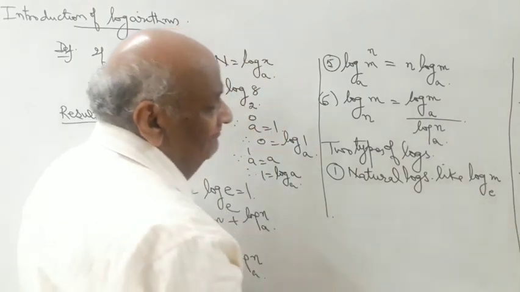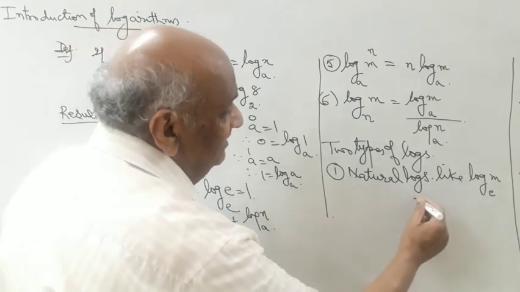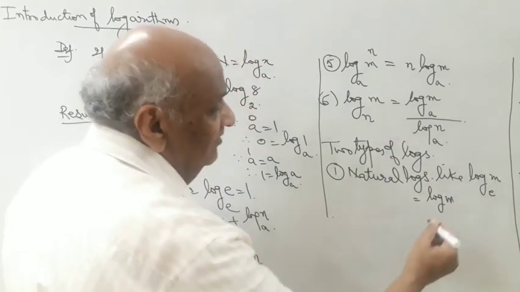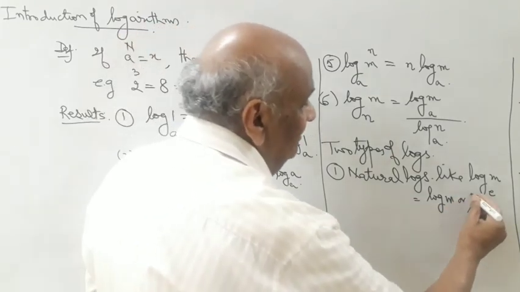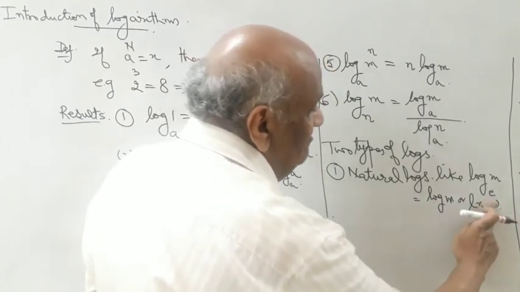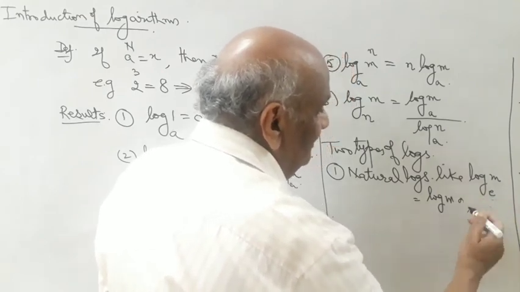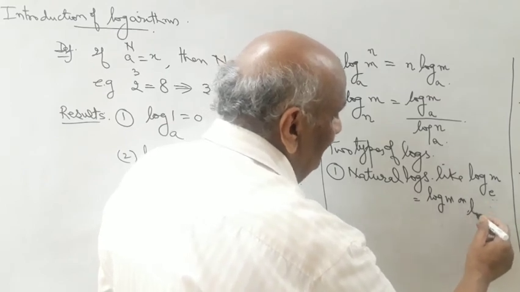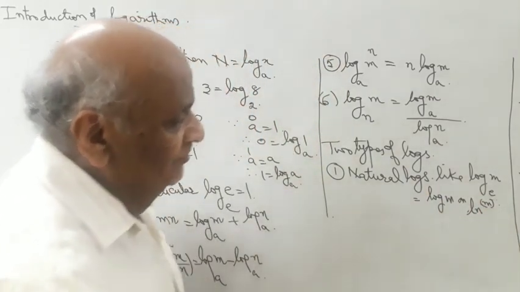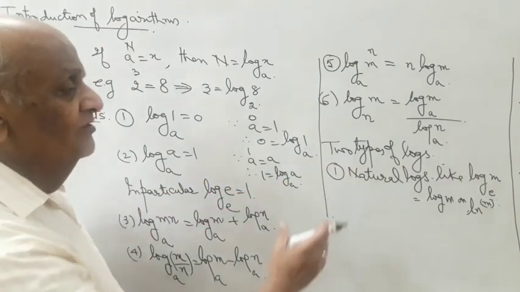When the base is e, you are talking about a natural log, and it is written as log m, or ln m. Check out. ln within brackets you can write m. I write once again here. It is natural log ln, written in brackets like this. Base e is understood, and we generally don't write the base e here. This is known as natural log.